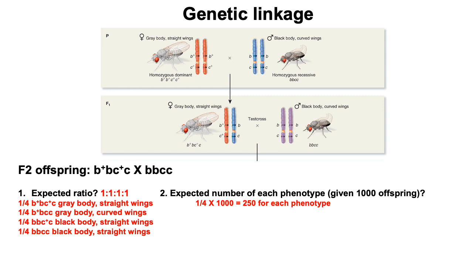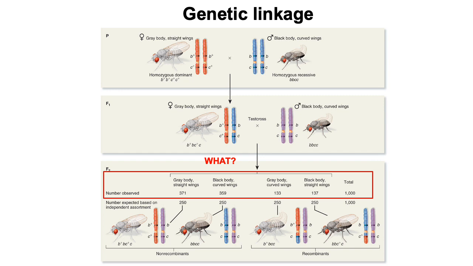So now let's look at, again, what data we actually collected by doing these crosses. If we look at the data collected at the bottom of this slide, the 4 different phenotypic classes are listed there, and we would expect an equal number of each of them. What we actually got, the observed, were quite different from that.